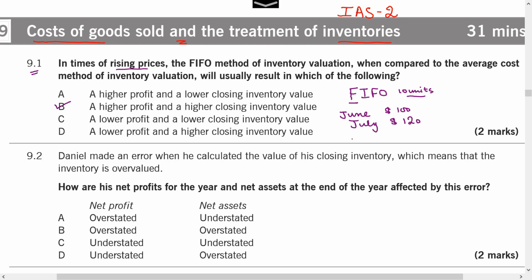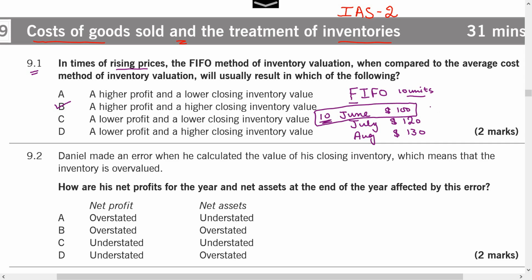And let's say it's August and now the same 10 units are costing us $130. Now if we use the FIFO method, then we will use these 10 units first because we want to take out that inventory first which we bought earlier, right?